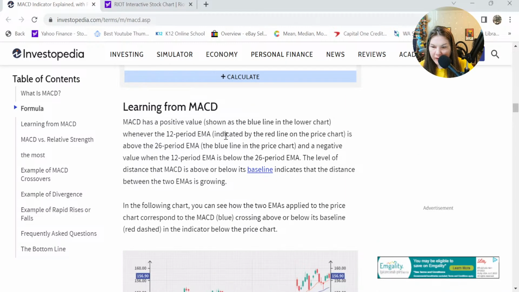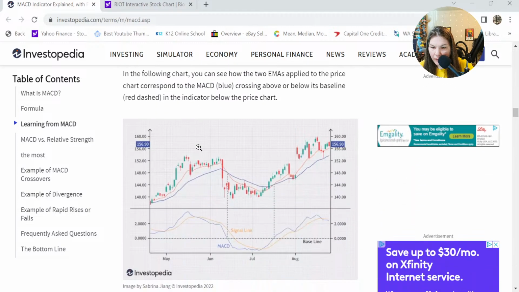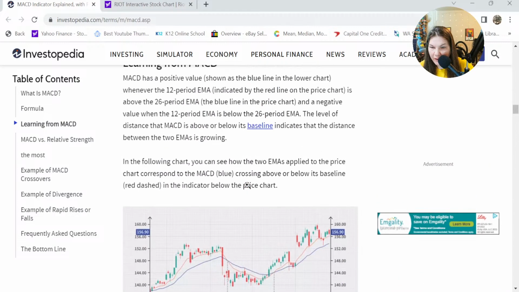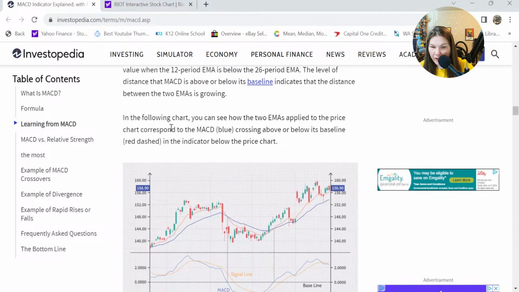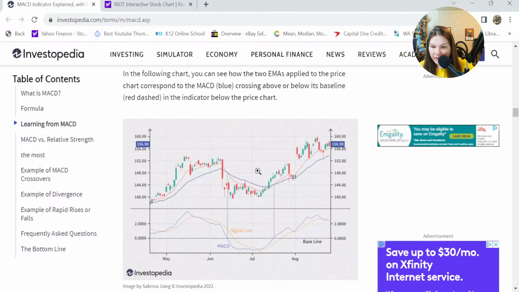Whenever the 12-period EMA is above the 26-period EMA, okay, so if it's above, it has a positive value. If it's below, it has a negative value. Okay, in the following chart, yeah. So if it's above the line, and it's positive, and then they're just saying it's negative.